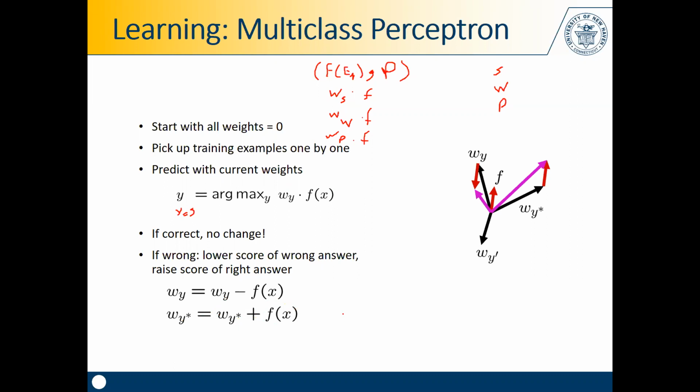Now, is this always correct? Are we always going to get the correct result after this adjustment? No. This is an iterative process, remember? Every time we do this adjustment, we get a little bit closer towards where we want the weight vectors to be.